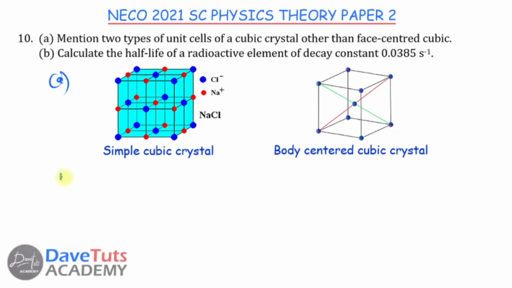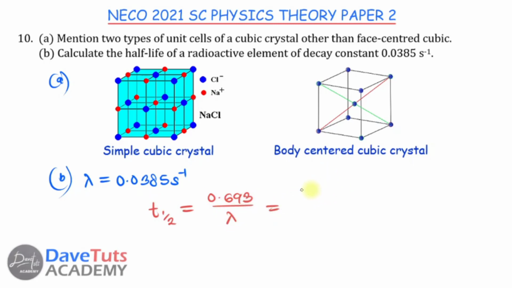In question number B, we are given that the decay constant lambda is 0.0385 per second. Our mandate is to find the half-life. Half-life in this particular case is given as 0.693 divided by lambda. Since the decay constant was given as 0.0385, we can just put in the value: 0.693 over 0.0385 per second.